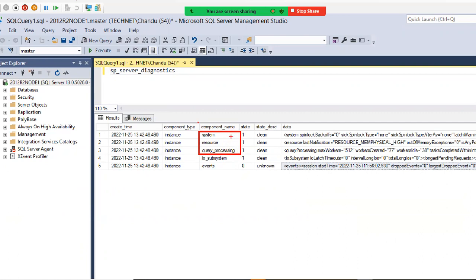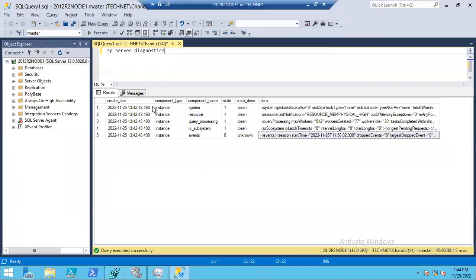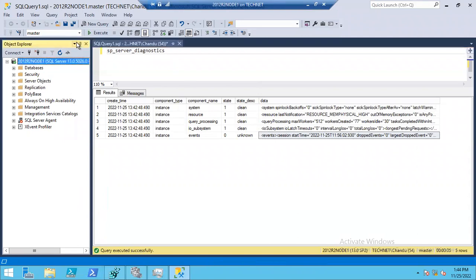If any of these three events fail, it is considered a failure, and based on the quorum configuration, it triggers a failover of the availability group that we have. So if you just go ahead and execute that, you will have that information here.